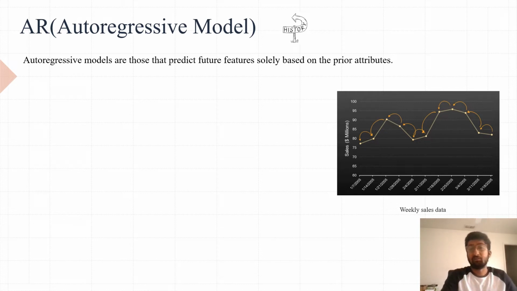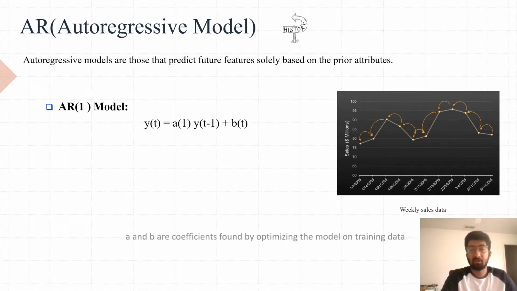So it will just consider the value of the past week to make the future prediction. The AR1 model is the model where the next week's prediction is made based only on the last value. Y_t is predicted based on Y_(t-1), and we have A and B components that are the coefficients in the equation shown.